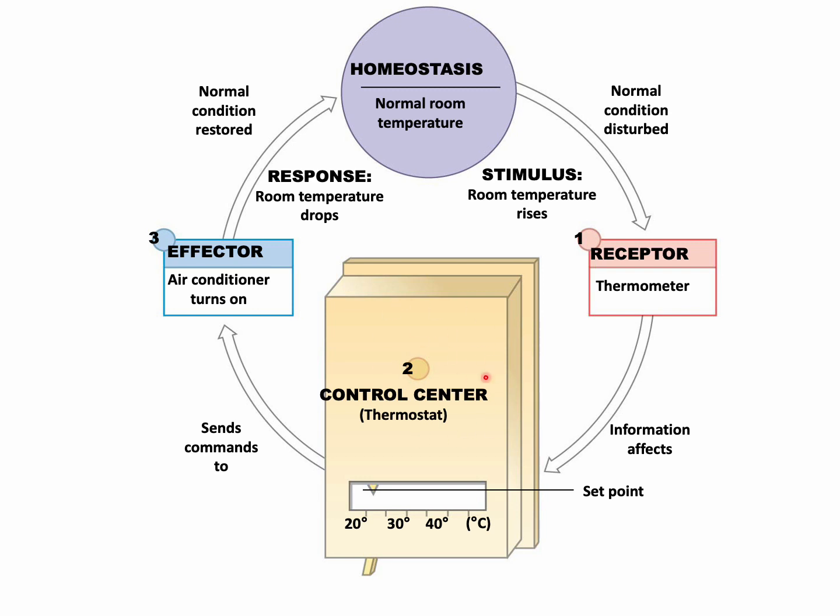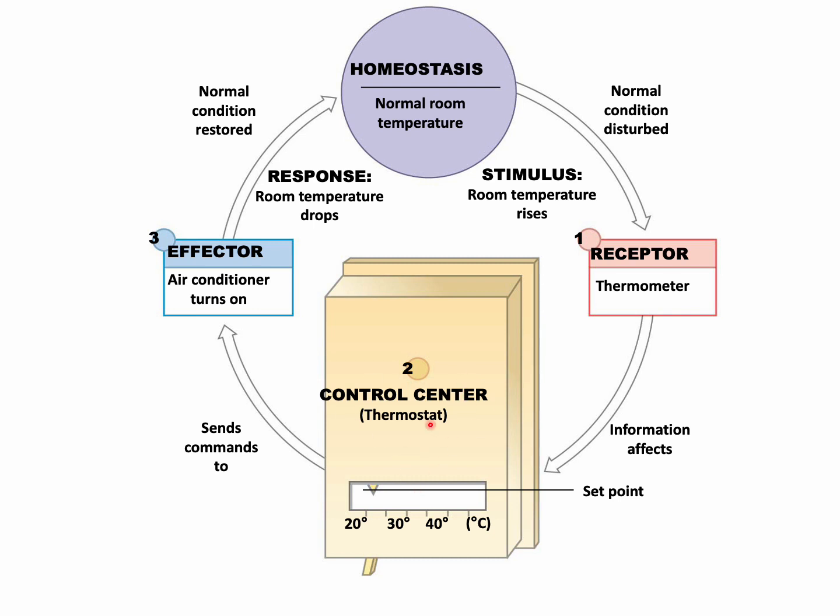The control center is going to say, well, the room temperature is rising, and what I need to do is lower the room temperature to get back into the normal range. So I need to turn on the air conditioner.